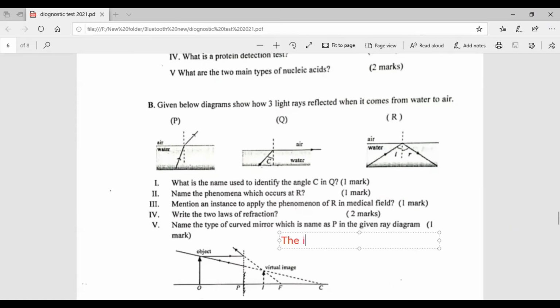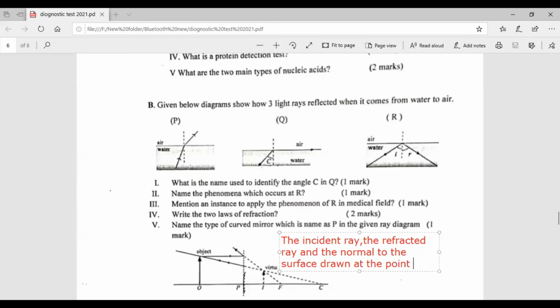First law: the incident ray, the refracted ray, and the normal to the surface drawn at the point of incidence lie on the same plane. This is one refraction law.